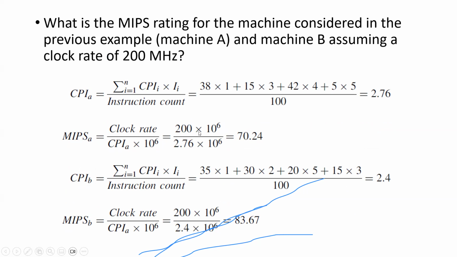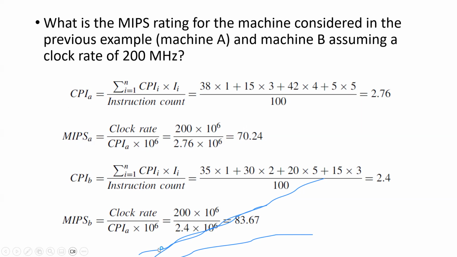So we have 200 times 10 raised to the power 6 all over 2.76 times 10 raised to the power 6 again, because the formula says we should take the CPI and multiply it by 1,000,000. In that case, the two of these will cancel out and I'll be left with 70.24 as my MIPS for machine A.